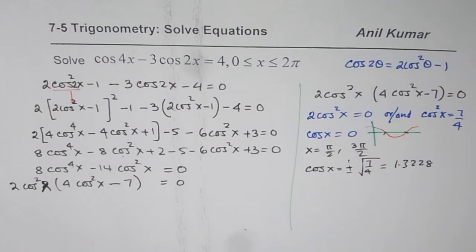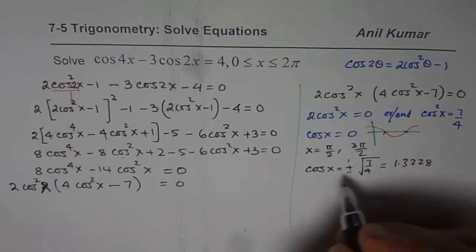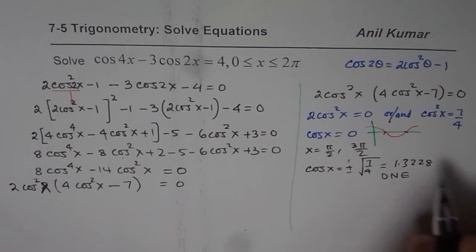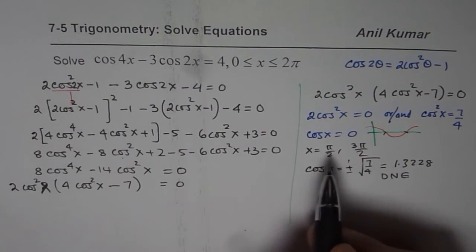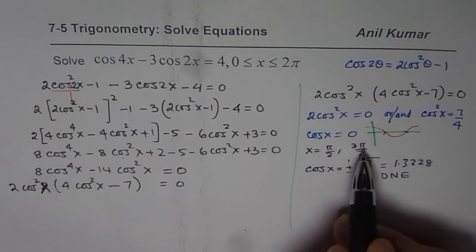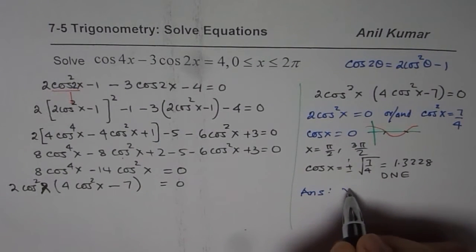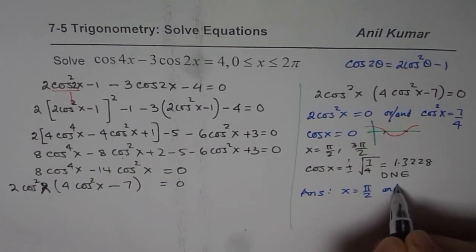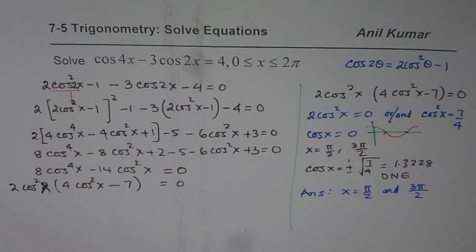Now as you know, the value of cos x cannot be greater than 1, so that does not exist. Is that okay? So that is not a valid solution. So for this particular equation, the valid solution for us is x equals pi by 2 or 3 pi by 2. So we can write down our answer: x equals pi by 2 and 3 pi by 2. That is how we can solve this equation.